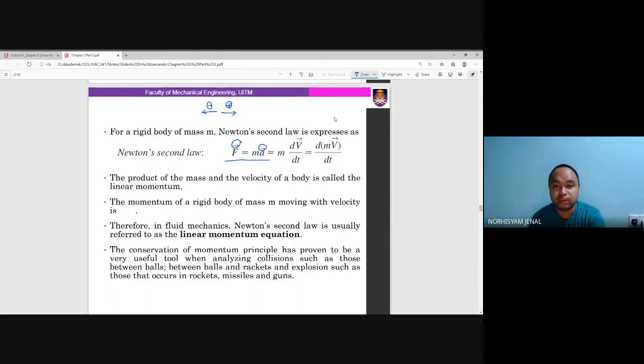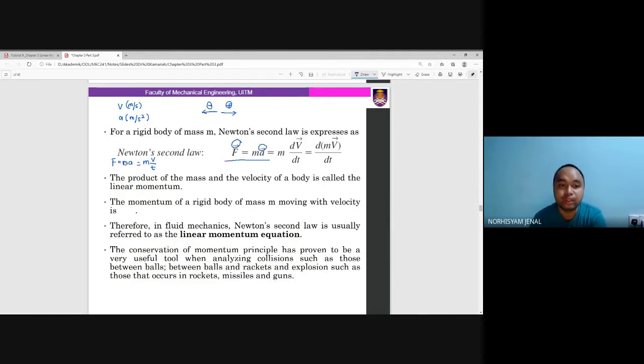Another way to do this calculation is F equals ma equals m times velocity over time. Remember, velocity is in meters per second, and acceleration is meters per second squared. To get the second squared from second, it means velocity divided by time.